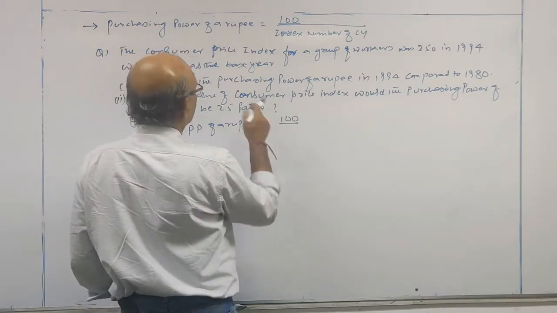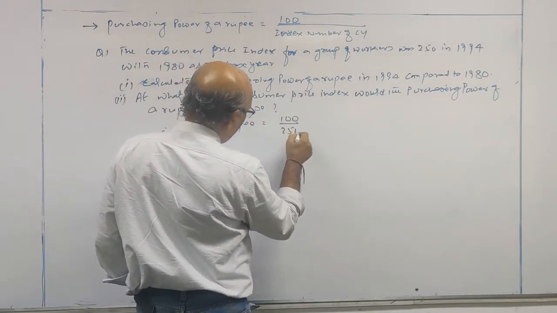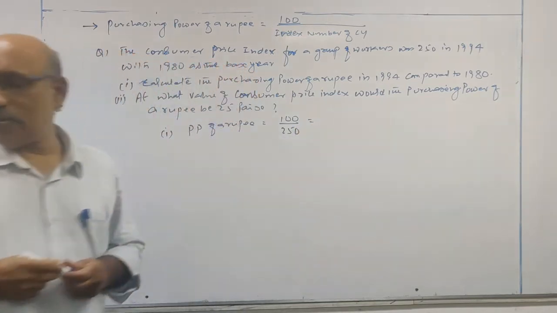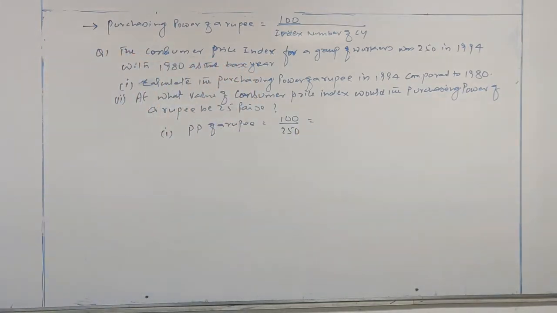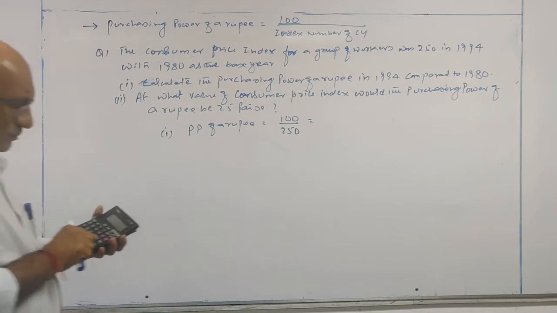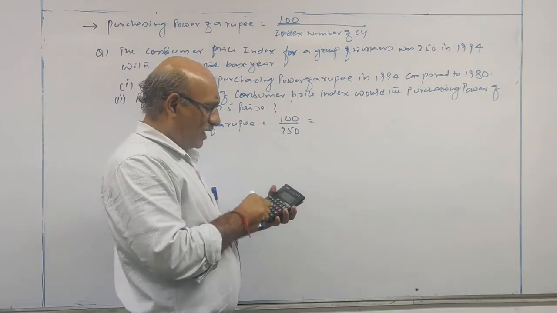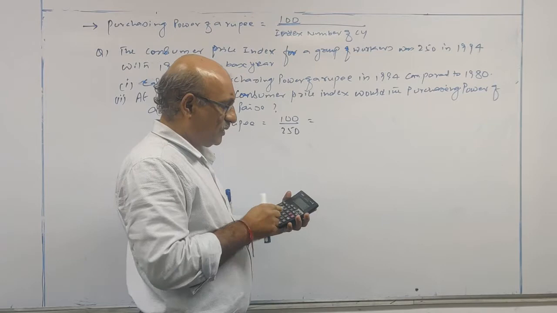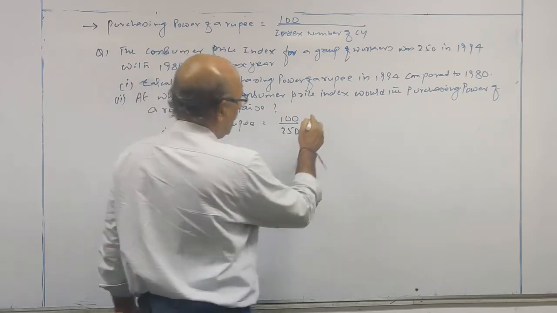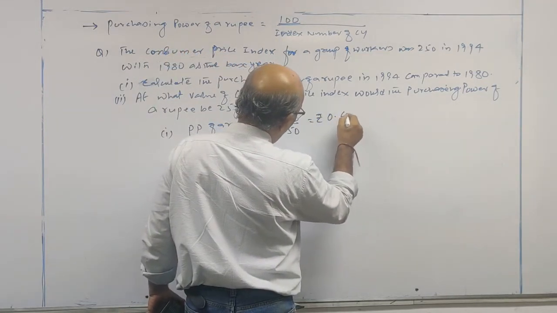The current year index is 250, so 100 divided by 250 is rupees 0.40.